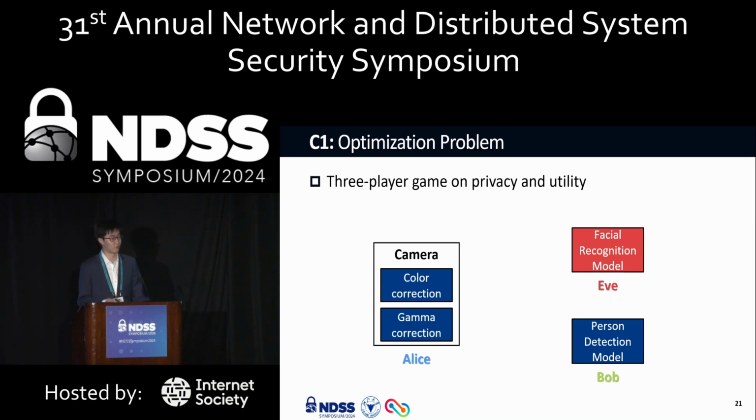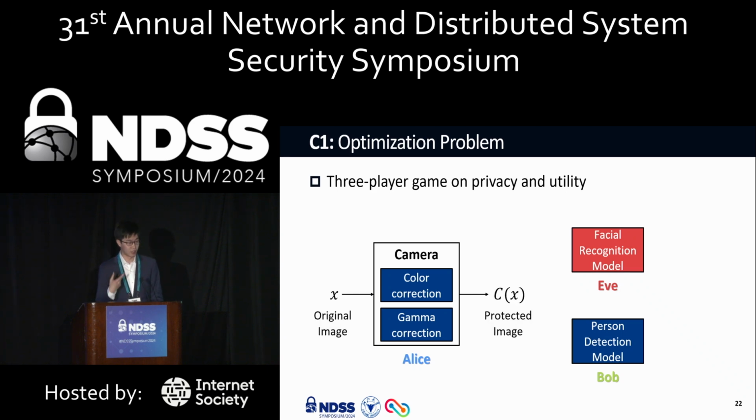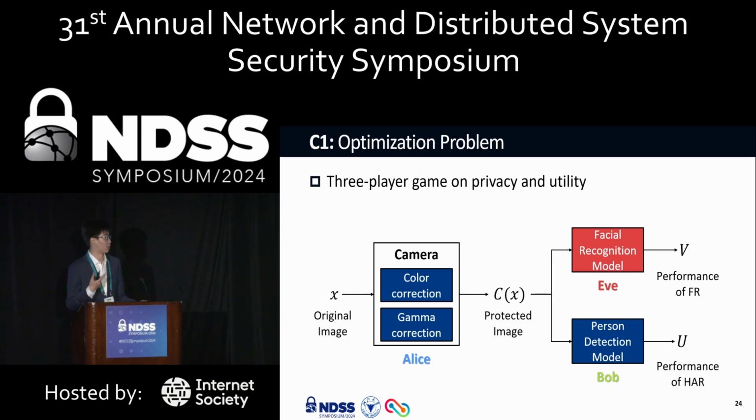The problem can be viewed as a three-player game on privacy and utility, where Alice is a camera module with adjusted parameters, Eve is a facial recognition module to infer the user identity, and Bob is a person detection module representing the desired HAR application. Their respective goals are indicated by the arrows of their corresponding colors. Each player can update their parameters to approach their goals.